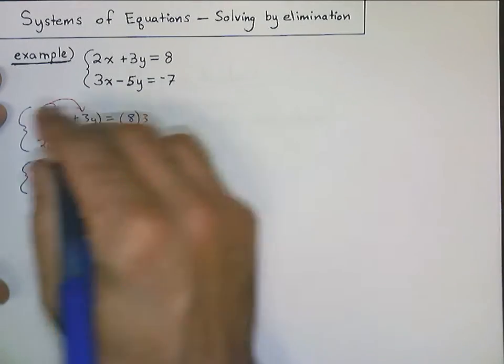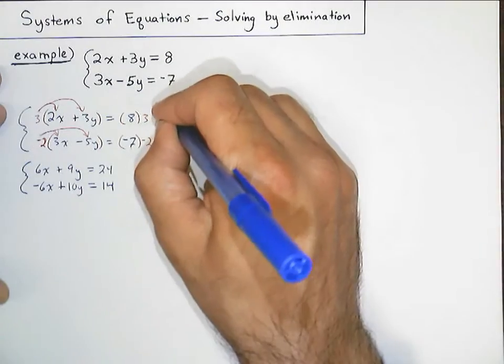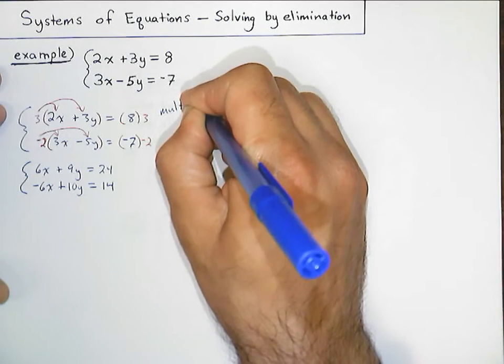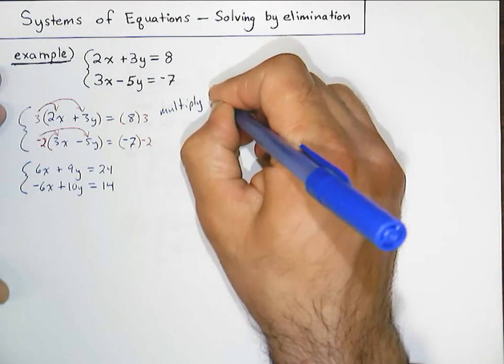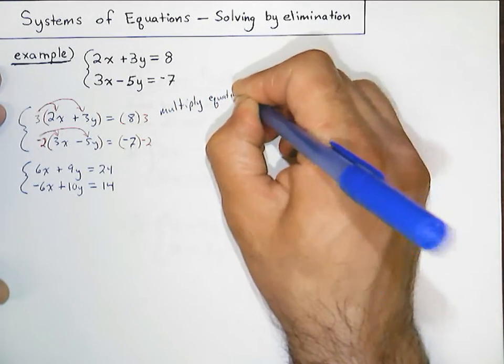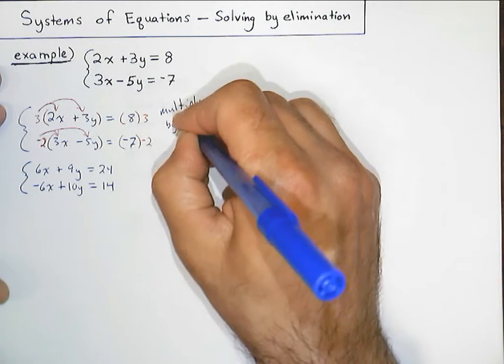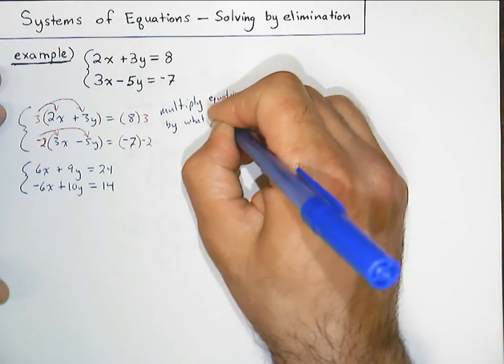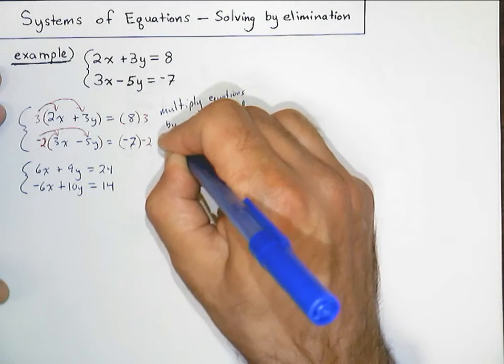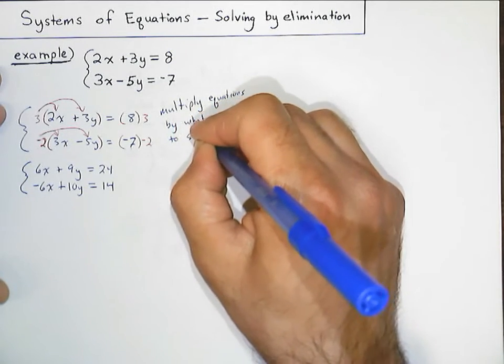So this first little trick that we're doing is we're going to multiply the equations by whatever we need to, so that elimination will happen.